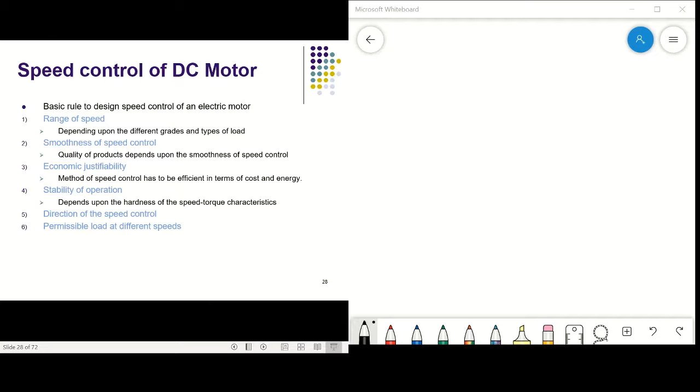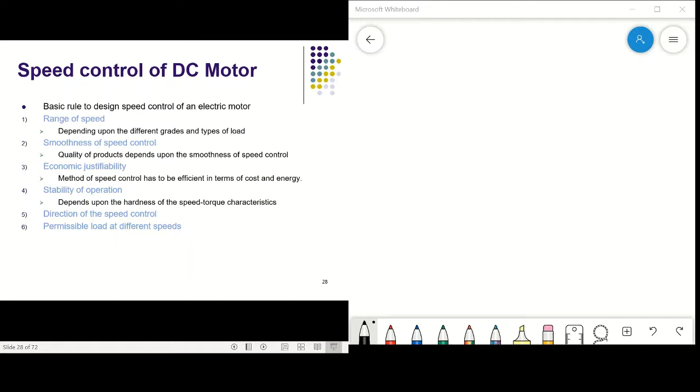Before we want to design the speed control of DC motor, you must know the 6 basic rules in order for us to get a very good and efficient drive system. Yang pertama adalah range of speed.